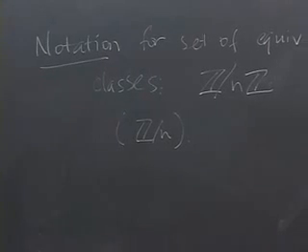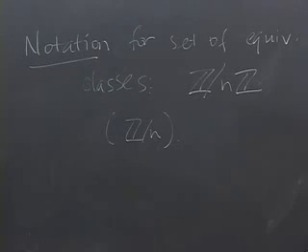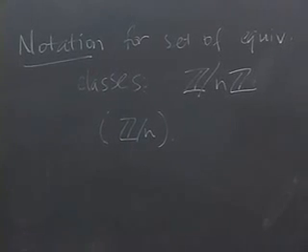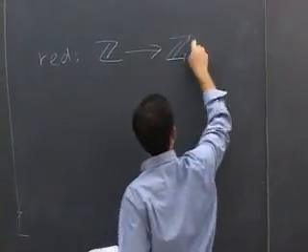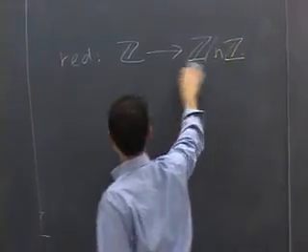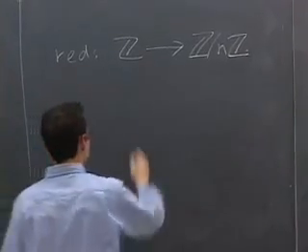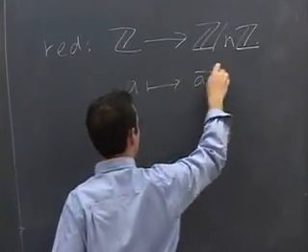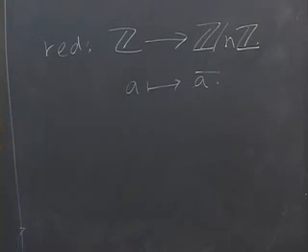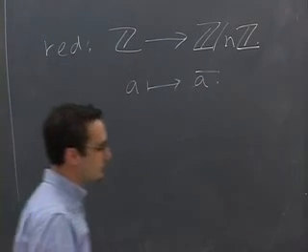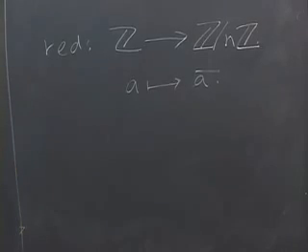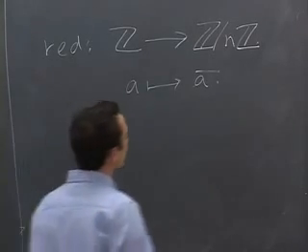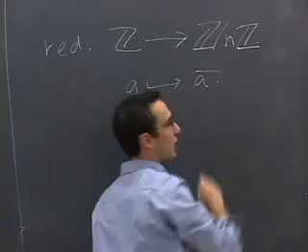So, what next? Well, again, following what we saw last time vis-a-vis equivalence relations, there is a natural map from Z to Z mod nZ that takes a to its equivalence class, and the fibers are the equivalence classes themselves. But what we're about to do is put some additional structure on Z mod nZ.